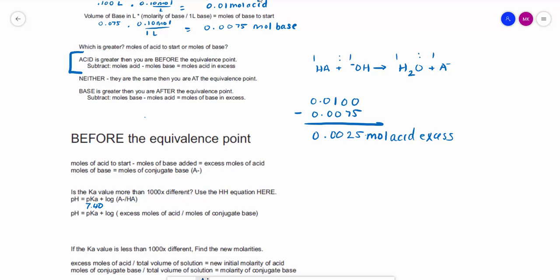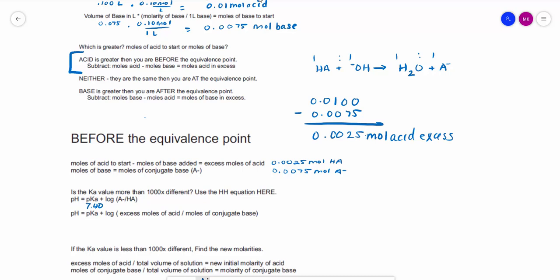So whichever is the limiting reagent here, which is the strong base, those number of moles become the number of moles of conjugate base that are made. So excess moles of acid here, I'm just going to fill in 0.0025 moles of HA after consumption. The moles of the base are then 0.0075.